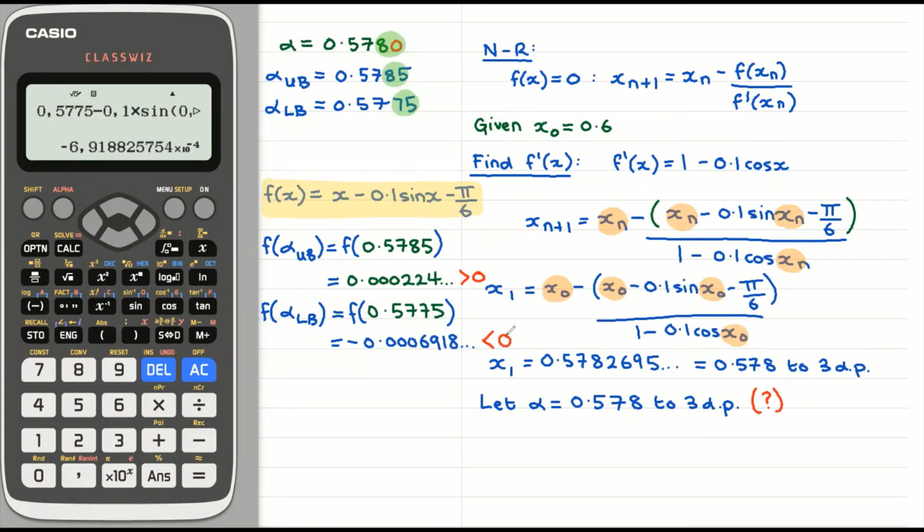Okay, so we've now confirmed that this is accurate to 3 decimal places. So we just make a statement now. We say the change of sign indicates that alpha is indeed 0.578 to 3 decimal places.